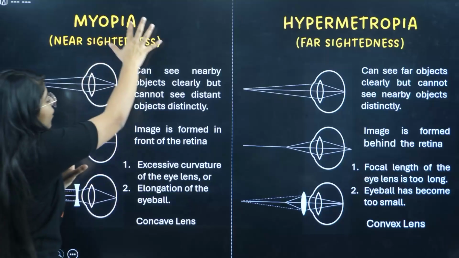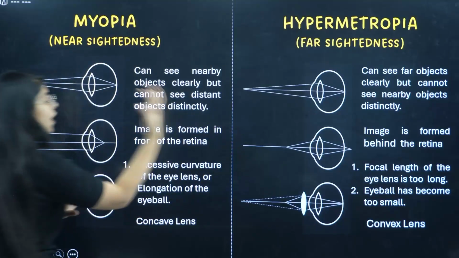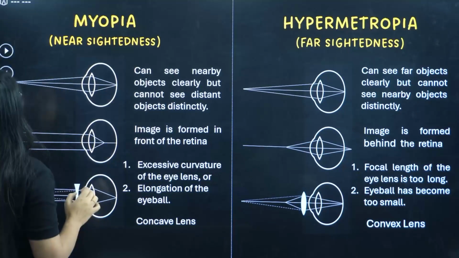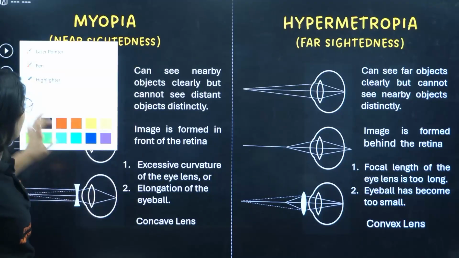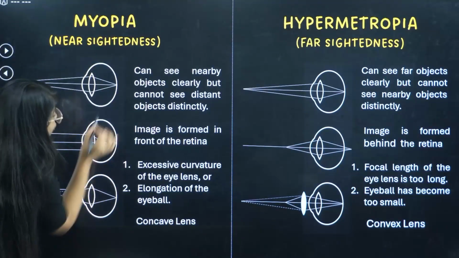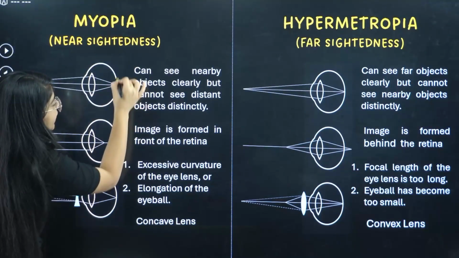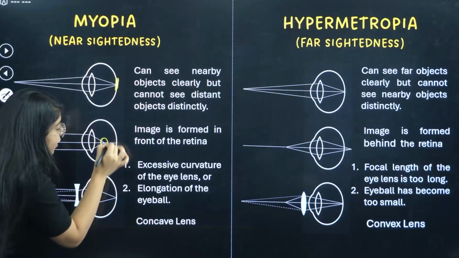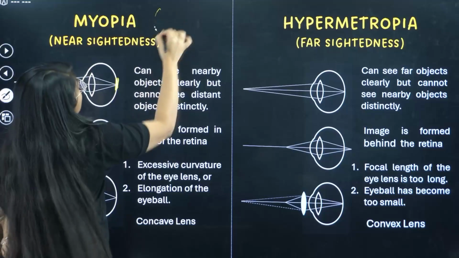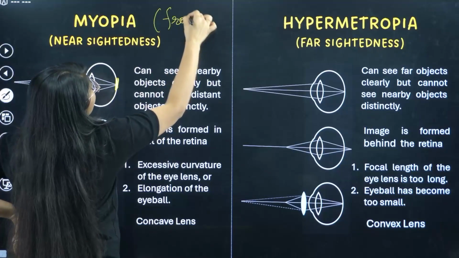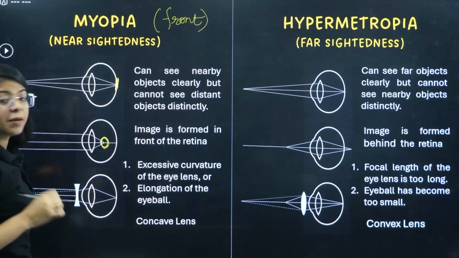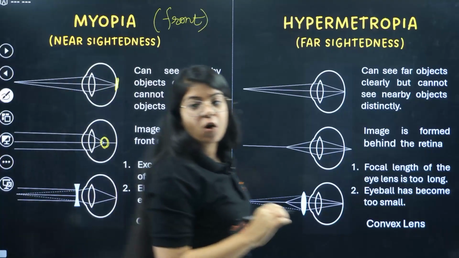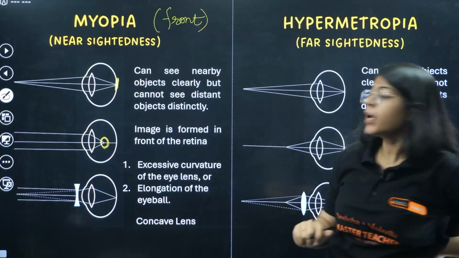Now, in myopia, the image is formed in front of the retina. Technically, the image should be formed on the retina, but it does not form on the retina. It is forming in front of the retina. So, if the image is formed in front of the retina, that is called myopia.